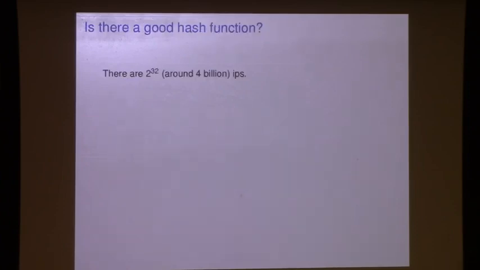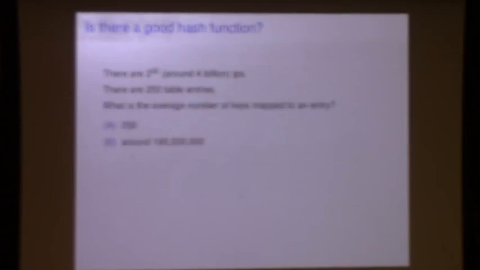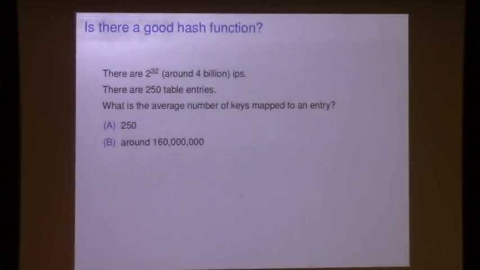So in particular, let's do this argument again. There's a lot of IPs. There are 250 table entries, which is roughly what we see. So what's the average number of keys mapped to an entry? Is it 250? Is it around 160,000? Am I really asking you to do this division? Because I can't.